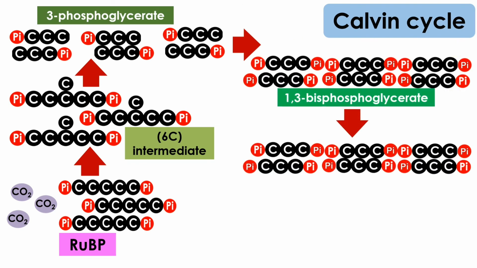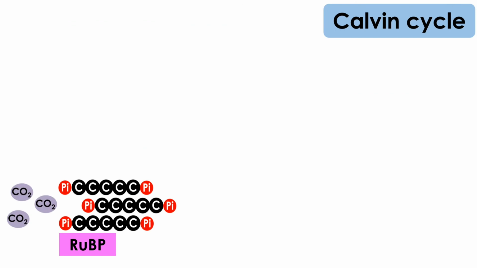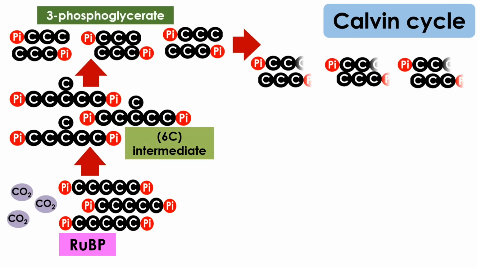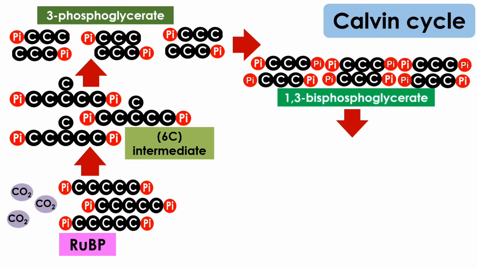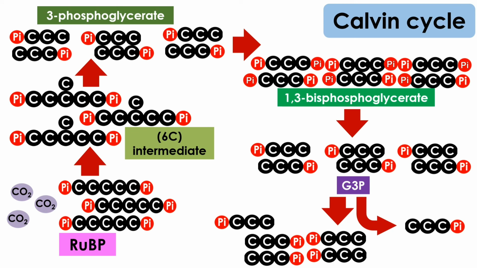Each carbon fixation is considered one turn of the Calvin cycle. So, to produce one product, the Calvin cycle must occur 3 times simultaneously. Later on, G3P will be used in another reaction to produce a molecule of glucose.